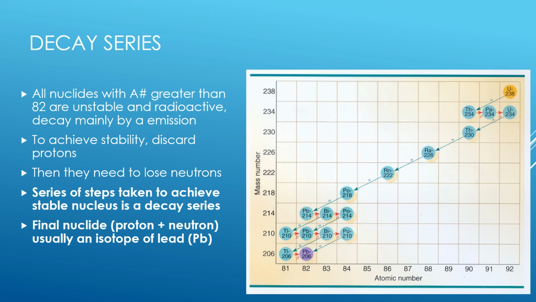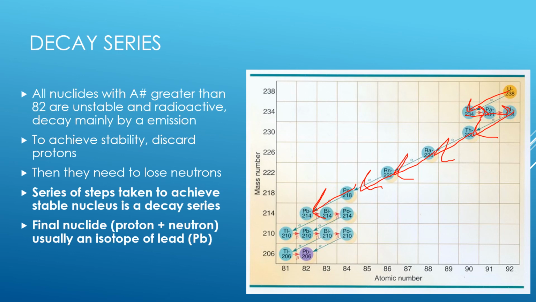So what we see is that it will continue decaying until it becomes stable. After it releases this alpha particle, it releases 2 beta particles. After that, it is going to release 1, 2, 3, 4, 5 more alpha particles. With each alpha particle emitted, it loses 2 protons and 2 neutrons.